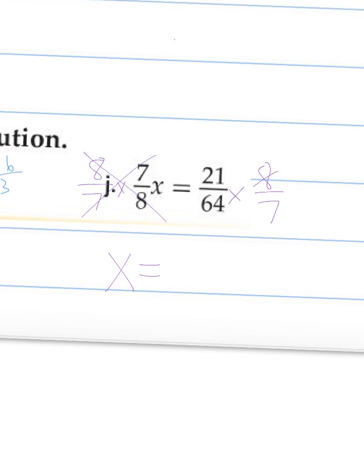Or you can say, hey, I can divide both 8 and 64 by 8. 8 divided by 8 is 1. 64 divided by 8 is 8. And 7 and 21, I can divide both of those by 7. 7 divided by 7 is 1. 21 divided by 7 is 3. Now 3 times 1 is 3. 8 times 1 is 8. So our final answer is 3/8.